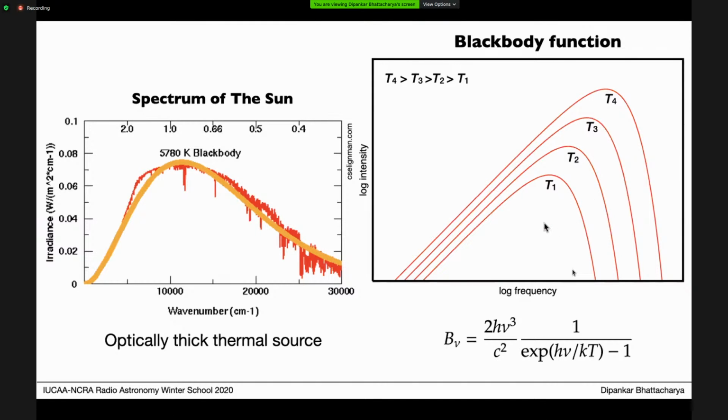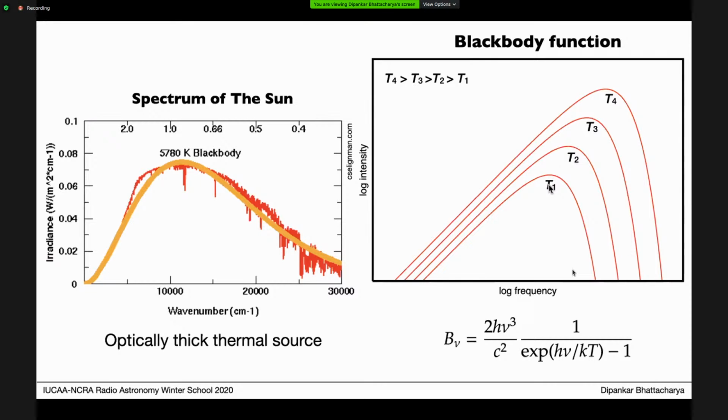So what we can see from this Planck function is that the function has a well-defined peak and the intensity falls off on either side. And this peak corresponds very close to the place where the argument of this exponential is close to 1. So that is h nu of the order of kT.